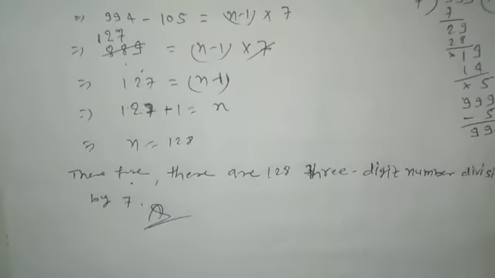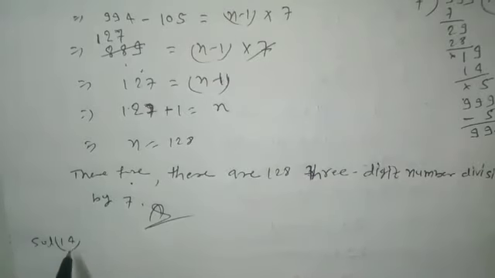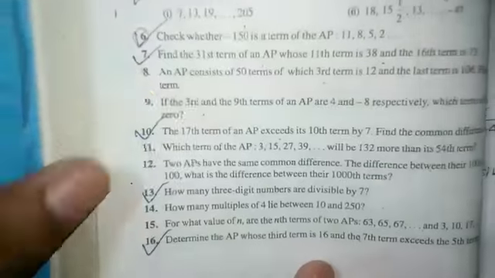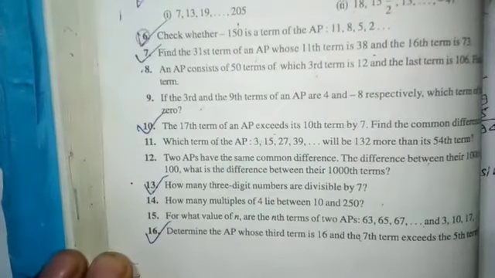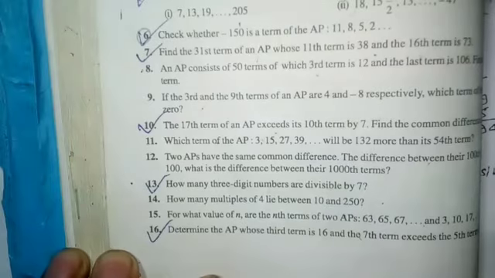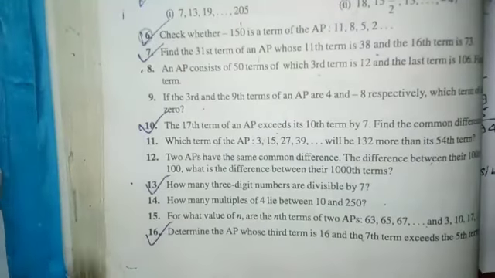Now question number 14. How many multiples of 4 lie between 10 and 250?